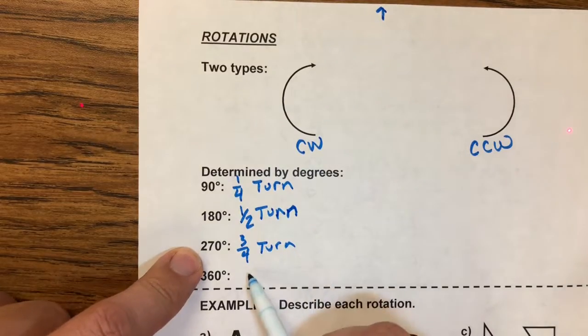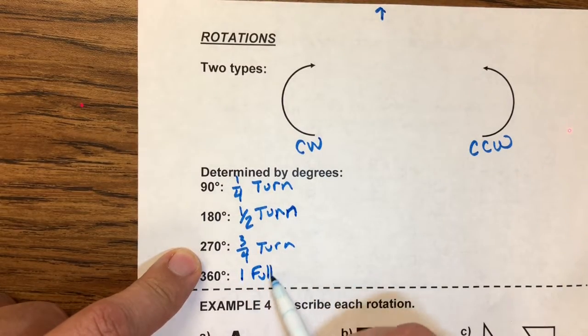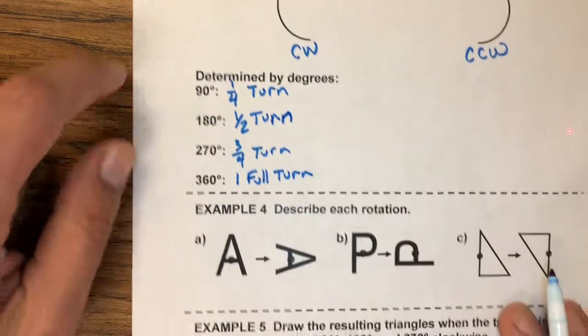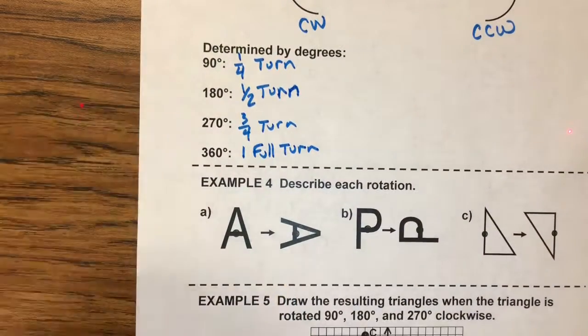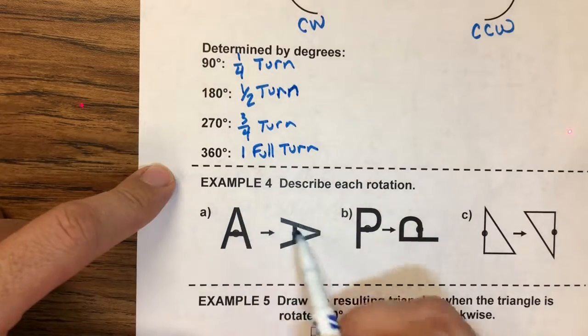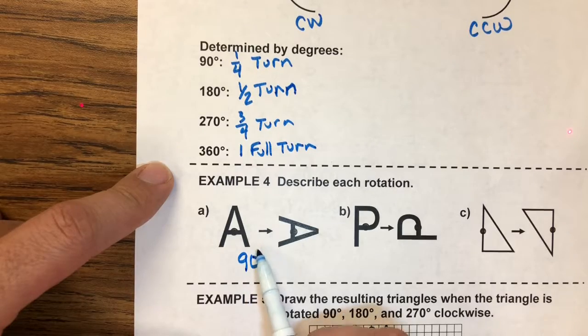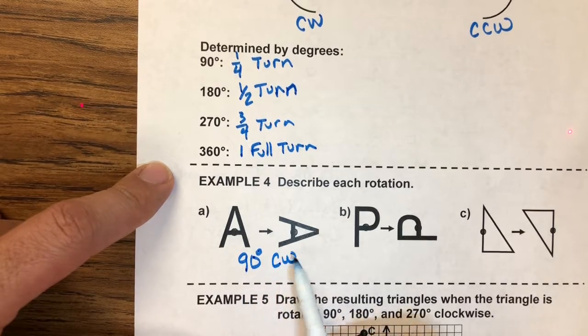That's a 360, so that's 1 full turn. So as you look at these shapes, figure out what the turn is. What is the rotation? We go from here to here. That's 90 degrees clockwise.